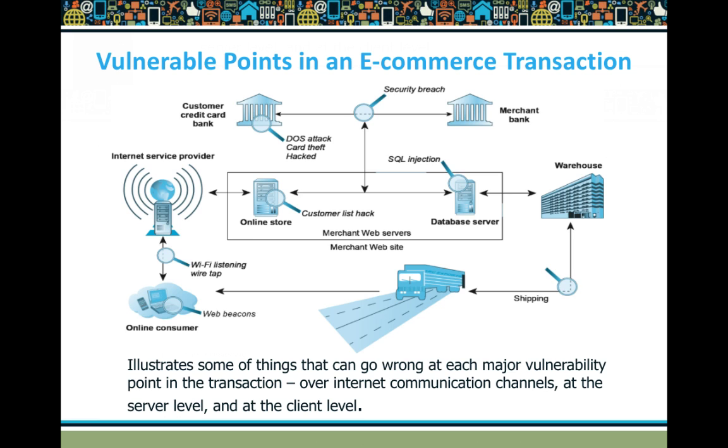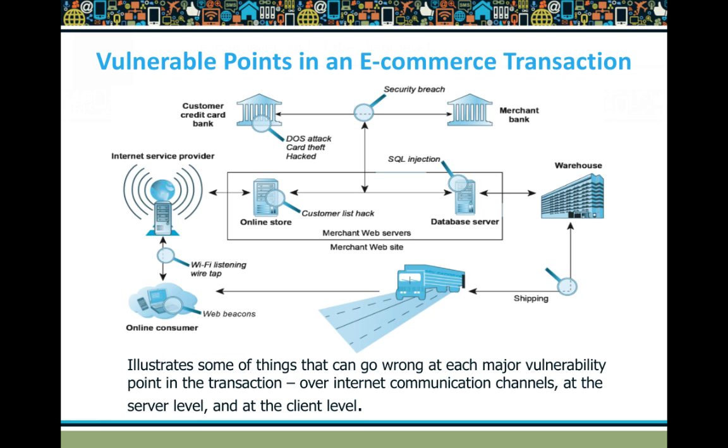Through SQL, certain types of queries can be given, and we can carry out attacks on the database server, which holds the details of the products that the merchant has to sell through his website. Then we can have security breaches happening.